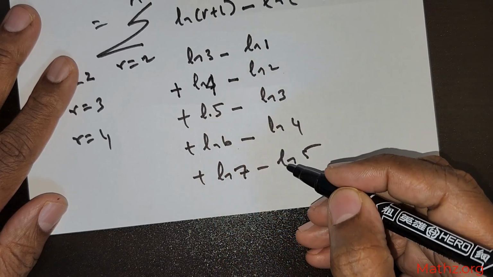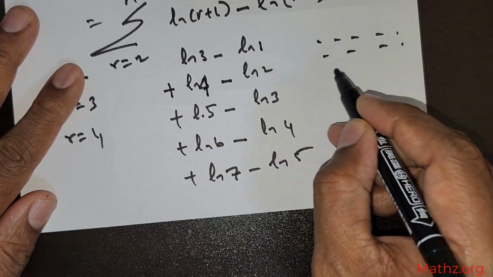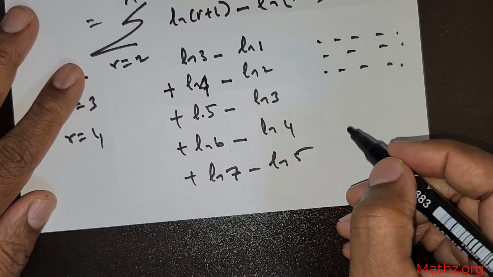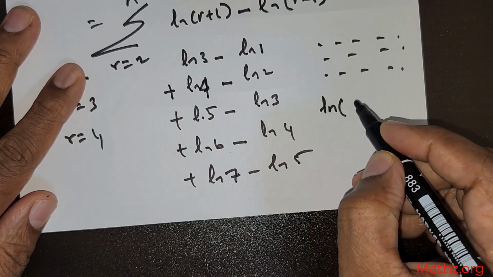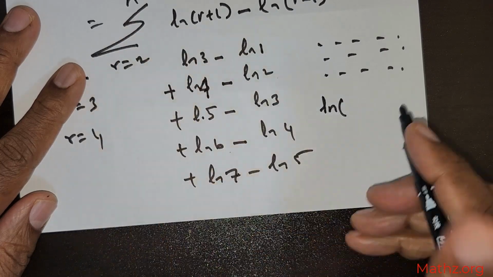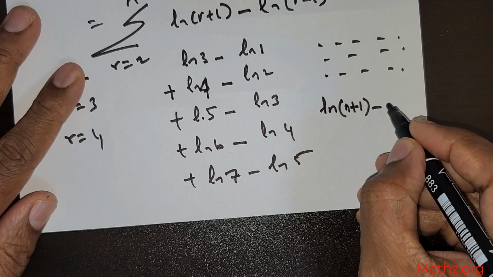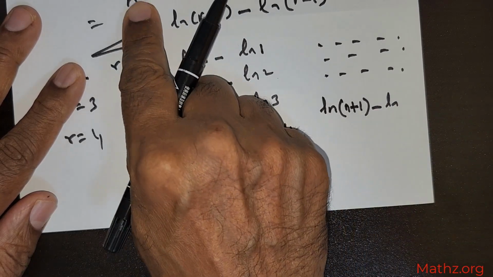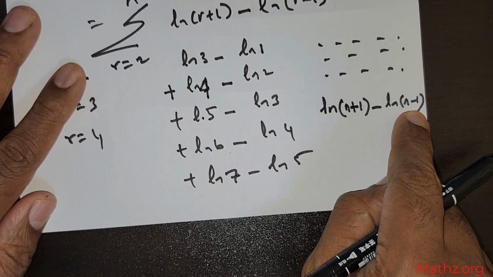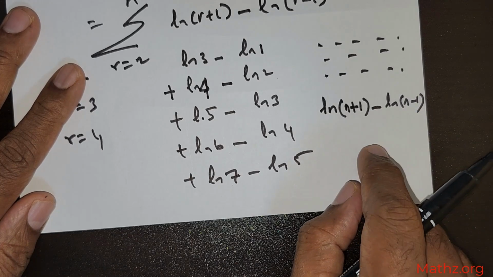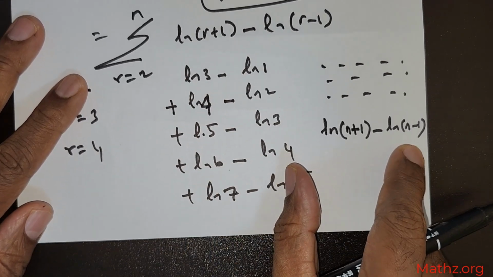So if you continue flowing like this, in this fashion, what is going to happen here is you are going to get ln of the final value r is equal to n positive 1, followed by ln of n negative 1. So we started with ln 3, and we are ending here.